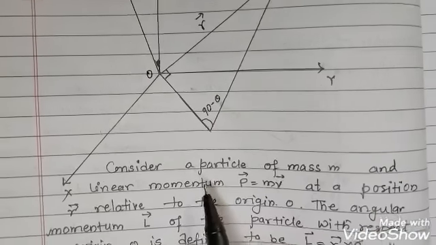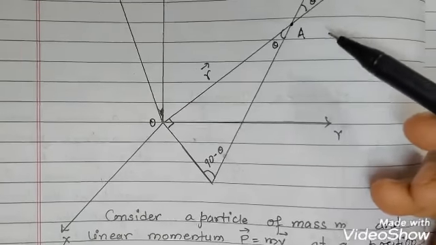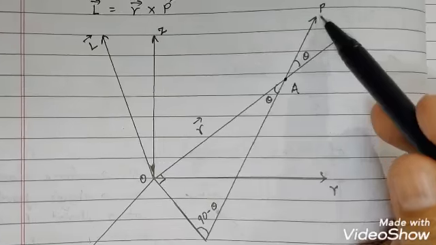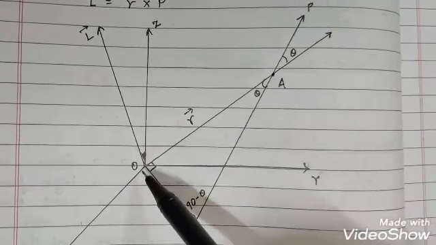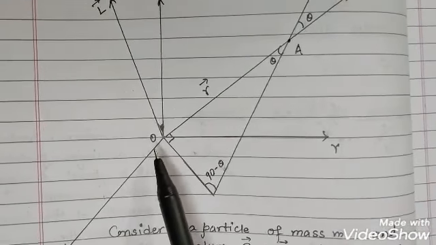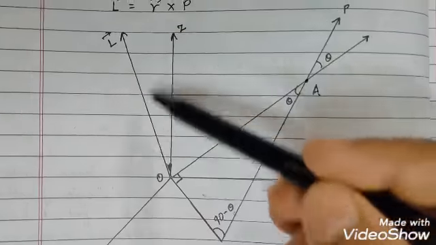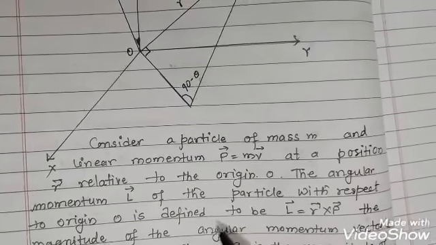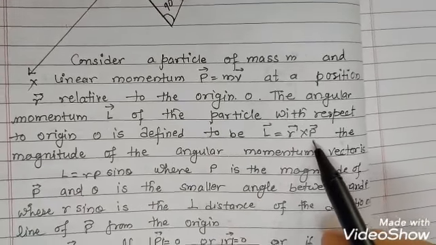So we are considering a particle of mass m and linear momentum p, which is equal to mv, at a position r relative to the origin. The angular momentum L of the particle with respect to origin O is defined to be L equal to r cross p.